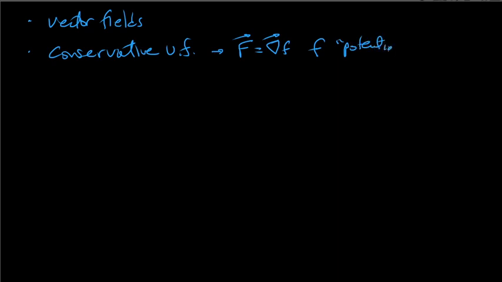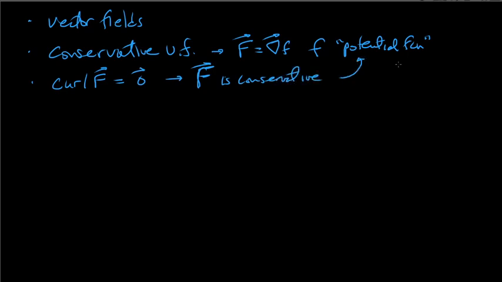And make sure you know how to determine if it's conservative by using the curl. If the curl of the vector field is the 0 vector, then the vector field capital F is conservative. And then you should be able to find the potential function.